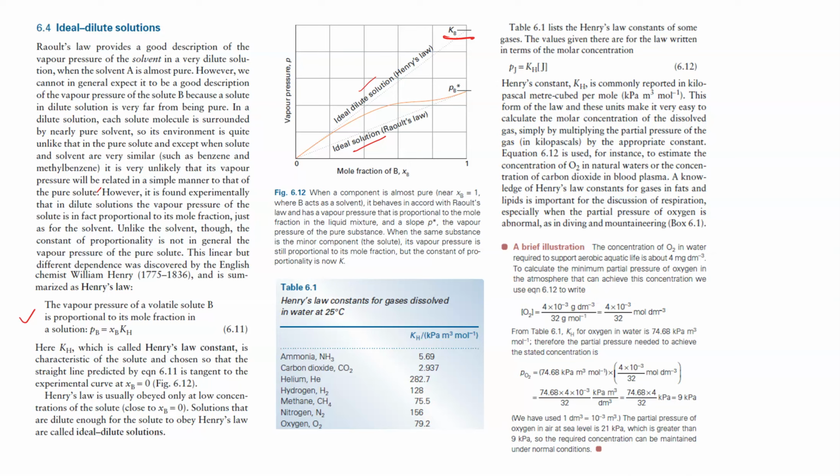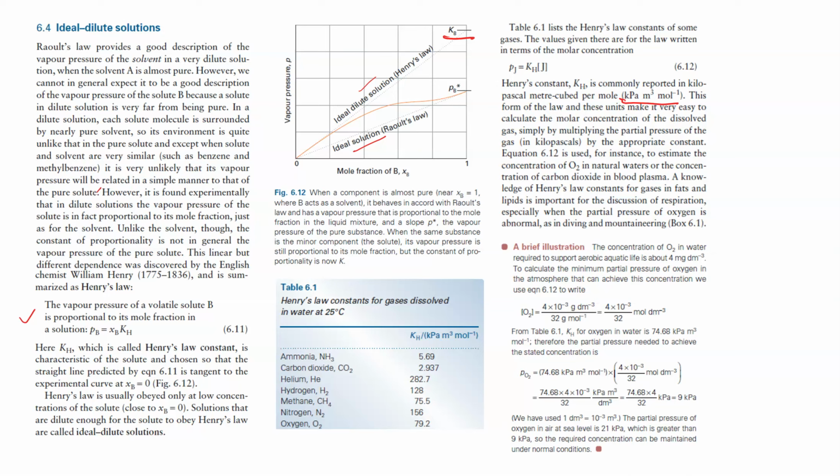Solutions that are dilute enough for the solute to obey Henry's law are called ideal dilute solutions. Table 6.1 lists Henry's law constants for some gases. The values given there are for the law written in terms of the molar concentration, where Henry's constant, K sub H, is commonly reported in kilopascals meter cubed per mole.